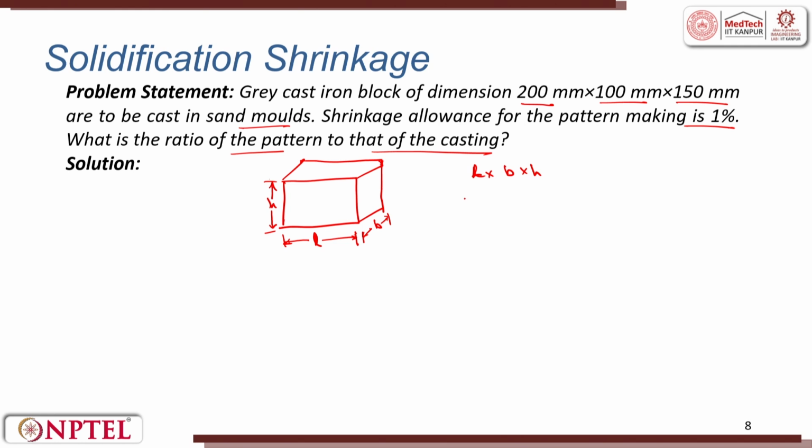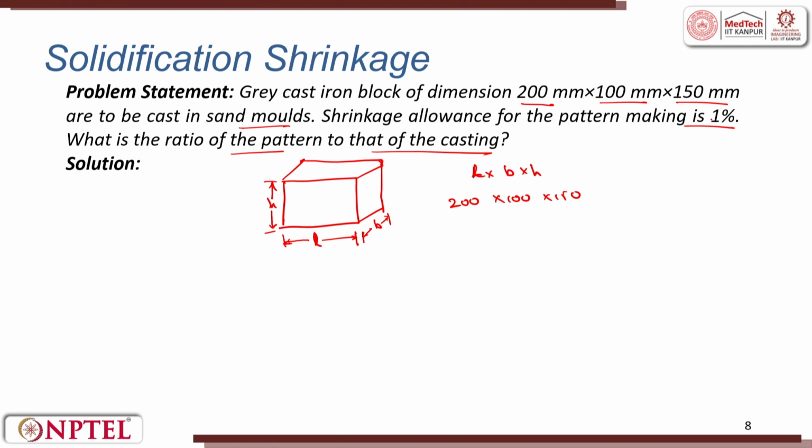Now, the question is, what is the ratio of the pattern to that of the casting? Shrinkage in each direction is 1%.